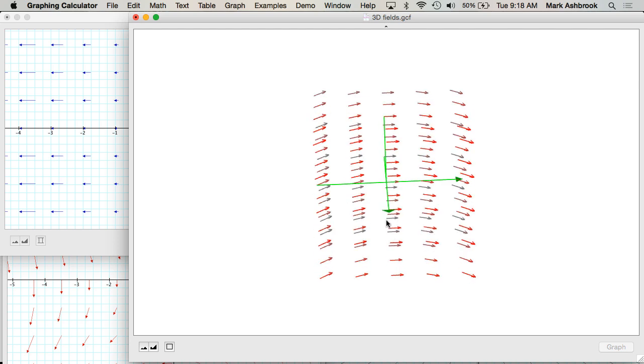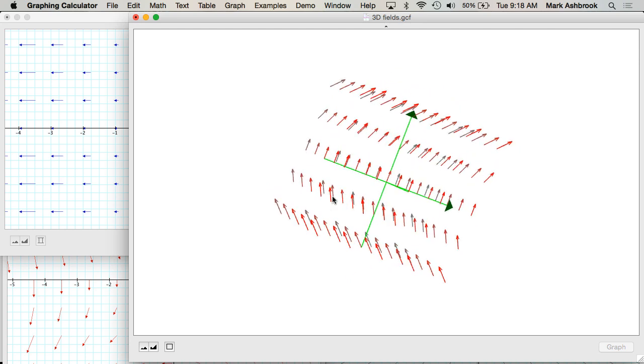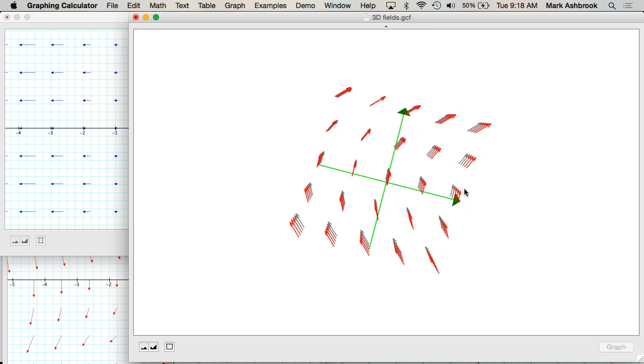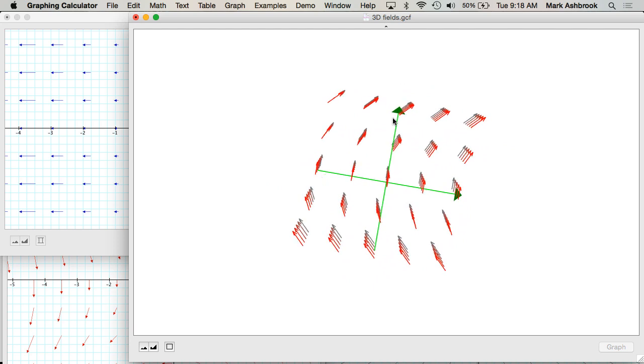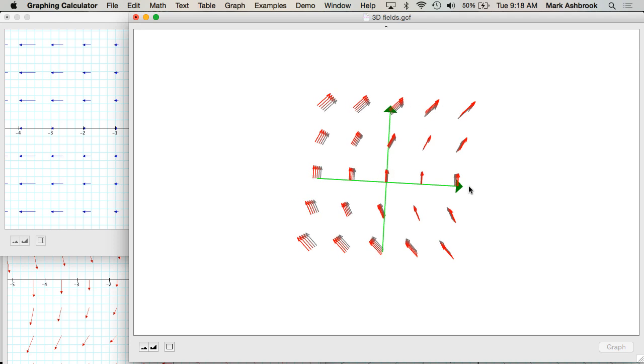Okay, so now if we look down, I'll orient it so here's x looking down on xy. There we go. This is looking down on xy.